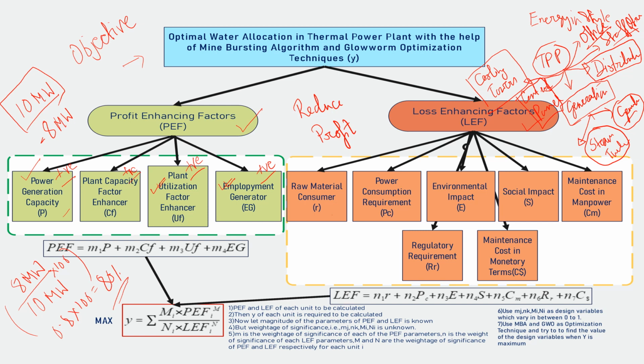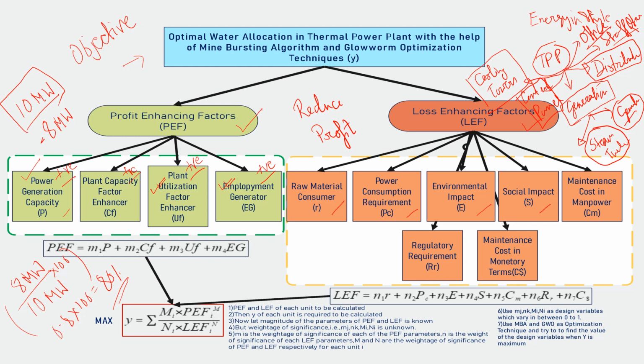Examples: how much raw material it is consuming, how much power it is consuming or is required to consume, how much impact on the environment it has. And by impact I am not saying positive impact, I am saying negative impact. How much social impact it is having, this is also in a negative sense.